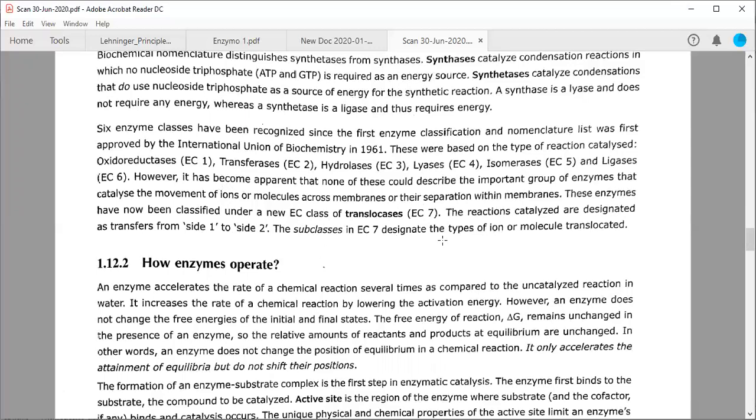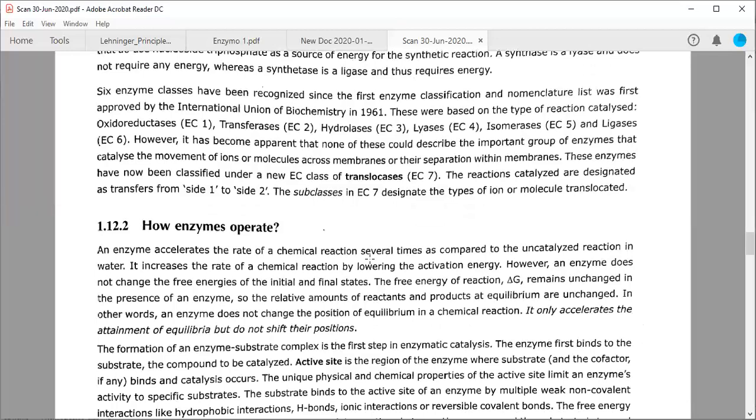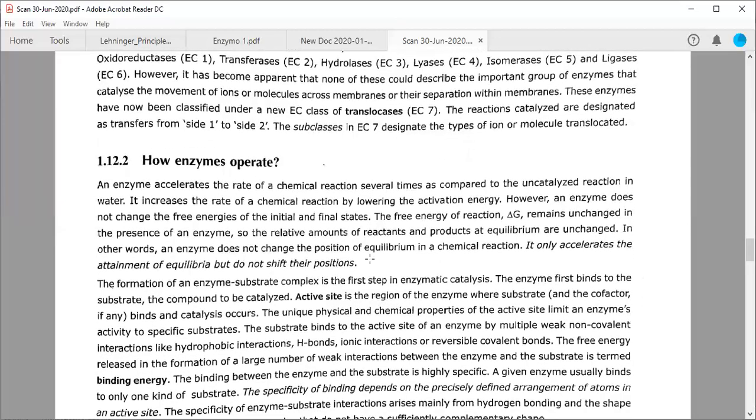Also, the subclasses in this EC 7 class are designated depending on which type of ion or molecule is being translocated across the plasma membrane, whether a steroid molecule, an ion, or some other type of molecule. You know aquaporins. Aquaporins are a kind of translocase, transferring water molecules across the plasma membrane.